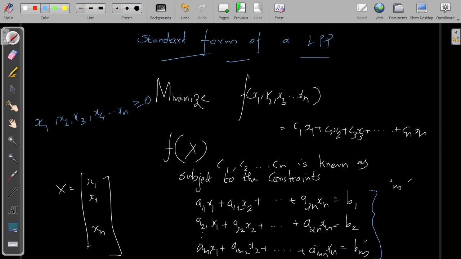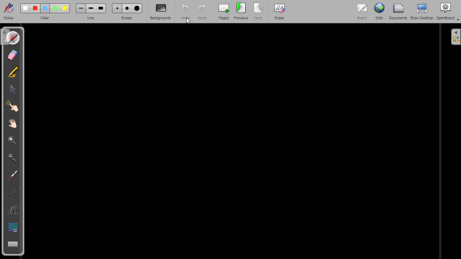So that's about the standard form of a linear programming problem (LPP). Right now I'm transforming this standard form into the matrix form.